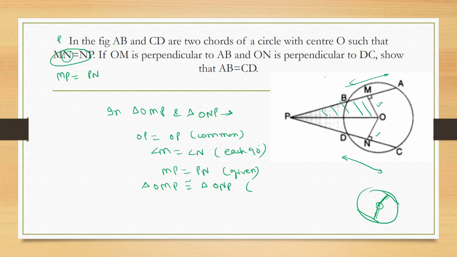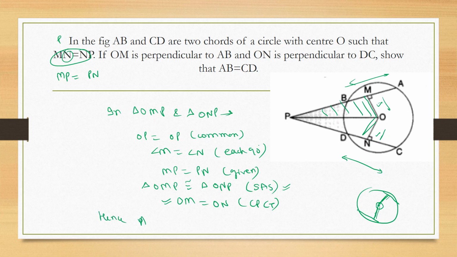By which property? Two sides, one angle? Great. As soon as we prove them as congruent, we can say that OM equals ON. Why? Corresponding parts of congruent triangles. Now if these two chords are equidistant from the center, that means chords are equal.